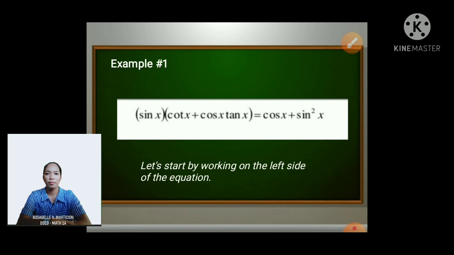So example number 1: sin x multiplied by cot x plus cos x tan x is equal to cos x plus sin squared x. Let's start by working on the left side of the equation.